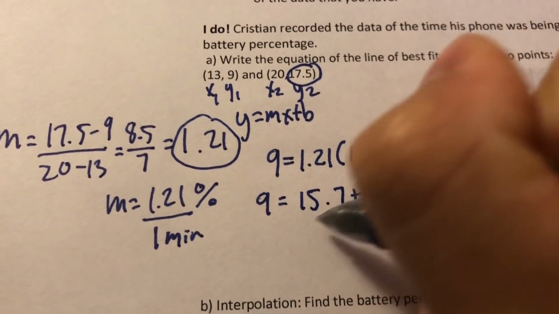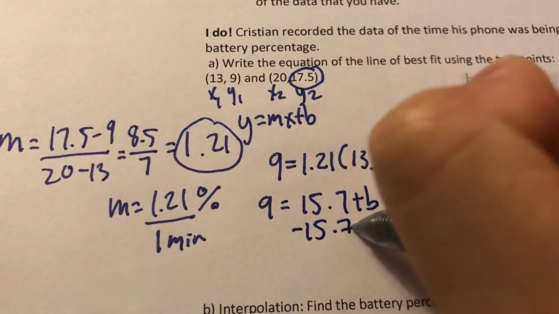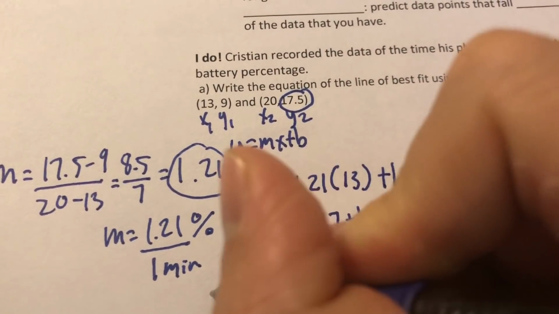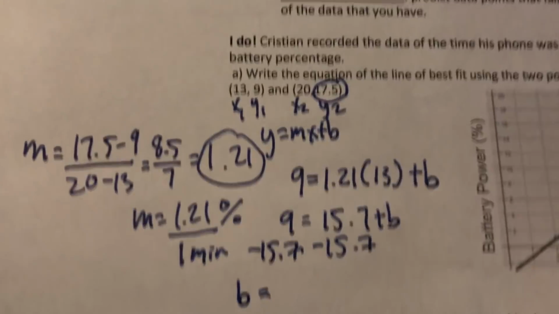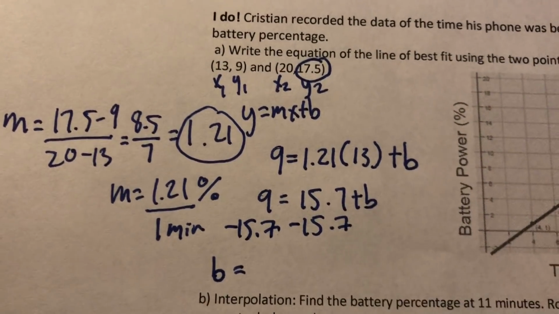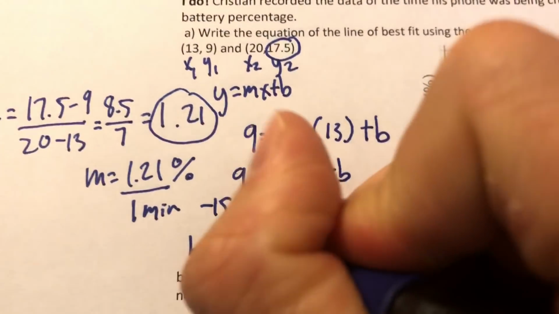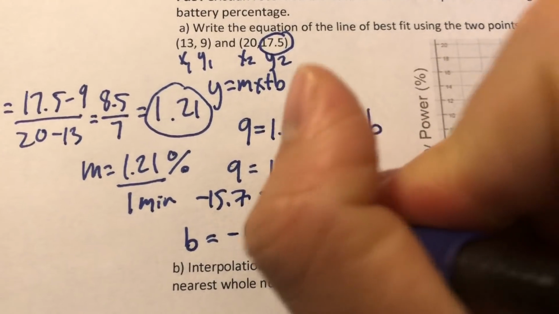plus b. Now I'm going to subtract 15.7 from both sides in order to solve for b. And b is equal to 9 minus 15.7. This gives me negative 6.7.